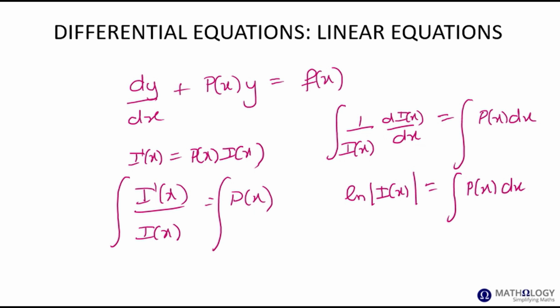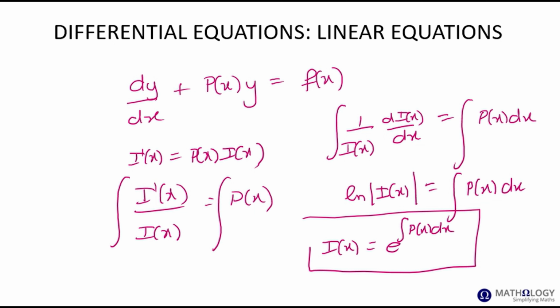We don't know what p of x is. It's a function of x, and hence we cannot express this in any other way. We can now solve for I of x by raising both sides to the power of e, so it's e to the integral of p of x dx, and this is the integrating factor.